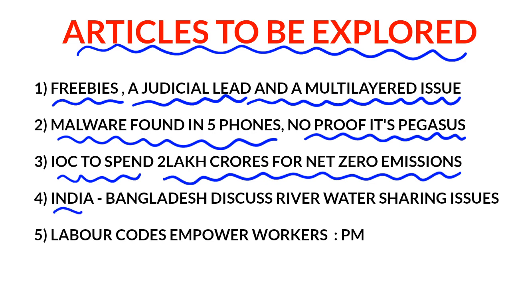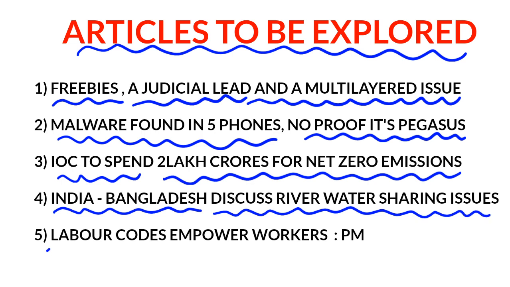And next, India Bangladesh discuss river water sharing issues. Clear? And next, labor courts empower workers. Who is saying that? This is given by the Prime Minister of India. Clear? So these are the important articles that have come in The Hindu today, and we can check all these articles in a very detailed manner.